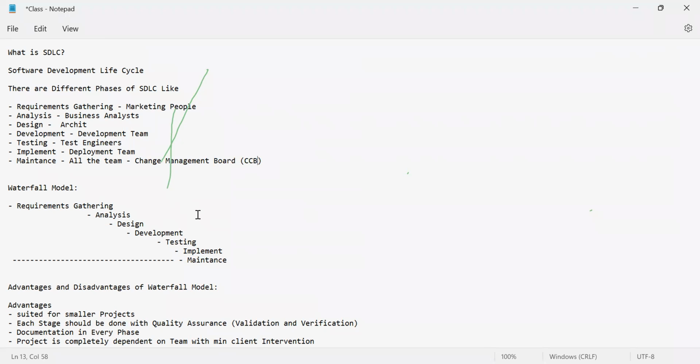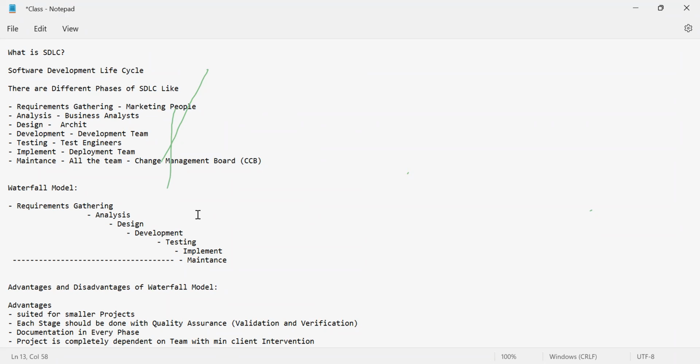So in traditional waterfall or any model, we have different kinds of people to do different tasks. For requirement gathering, you have marketing people who go to the customers, understand their requirements and pass them on to the business analyst.